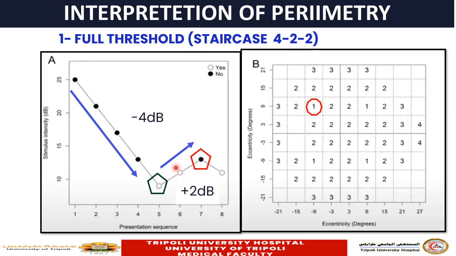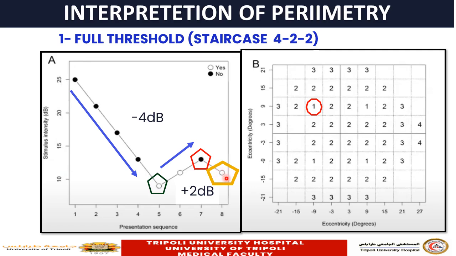So now here the patient is still seeing the response, so we will increase another 2 decibel. So here he denied seeing the response. So once there is a reversal of the response, we will increase the intensity. So this one will be the last point, representing the threshold of this point. Okay, so this is the last seen point.